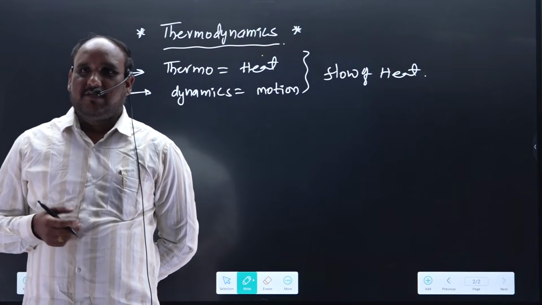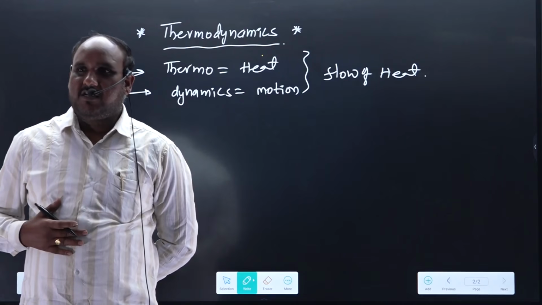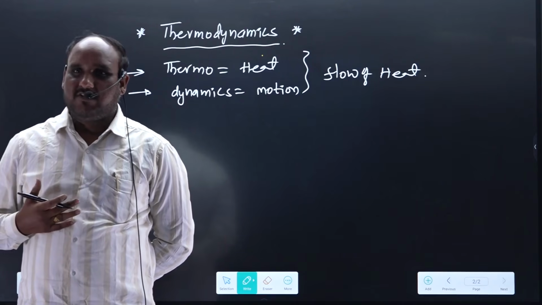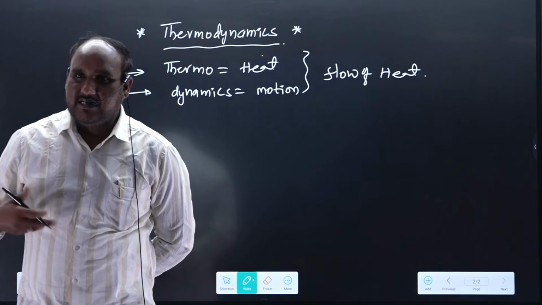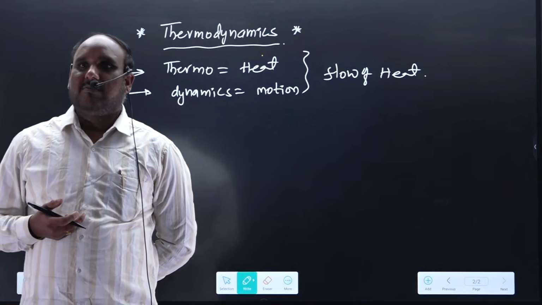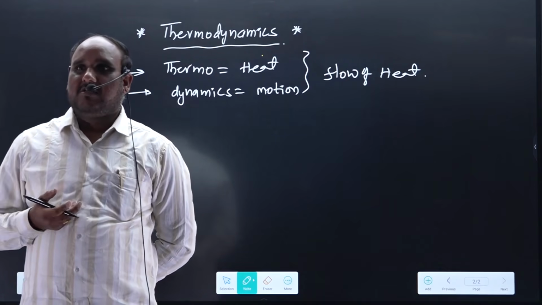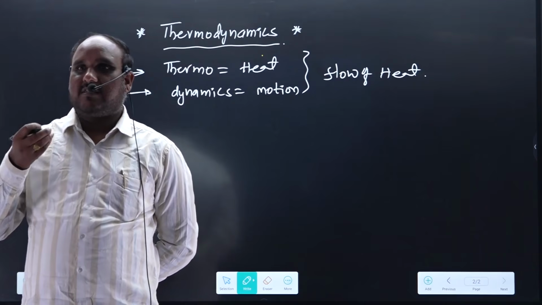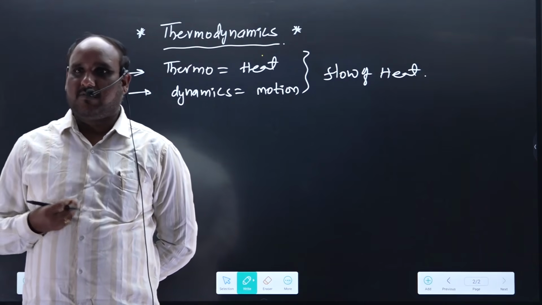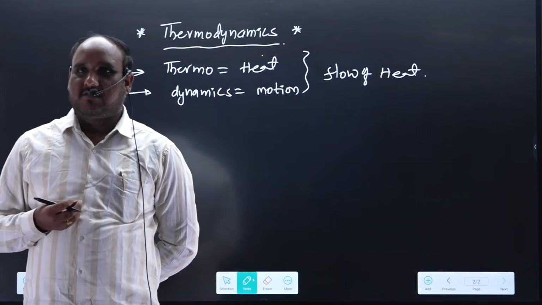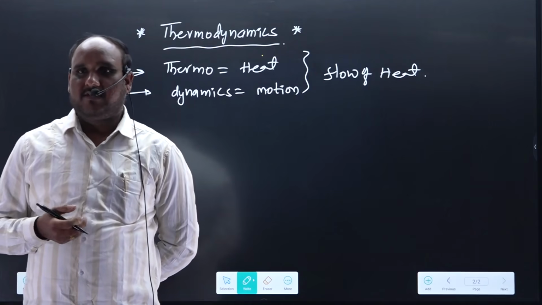So we are in normal condition, then by absorbing some amount of heat, or else it is generated internally in our body, that becomes generating heat. So from lower heat to higher heat there is a heat transformation. Heat changes occur, and due to that some changes occur.